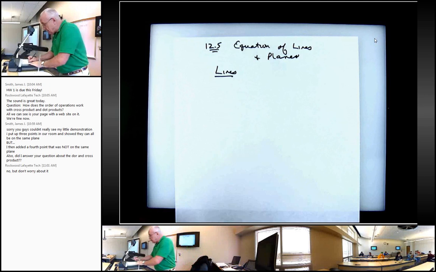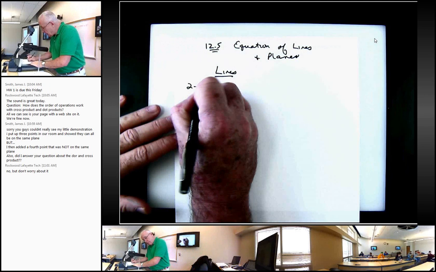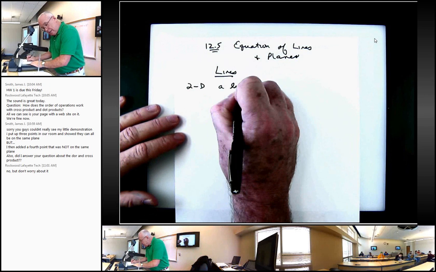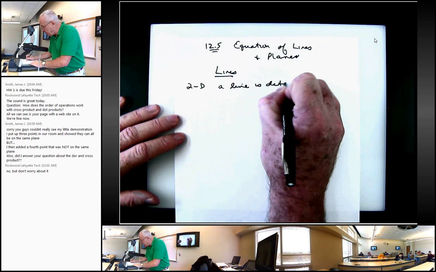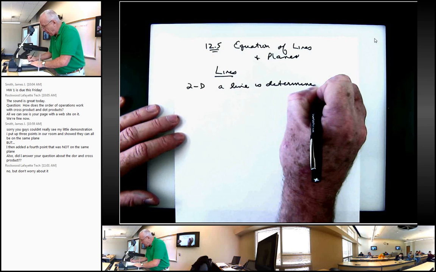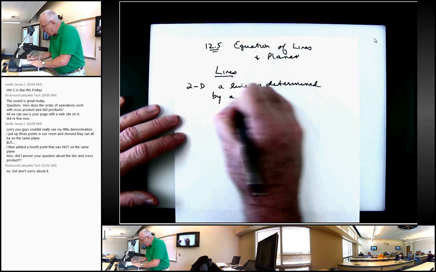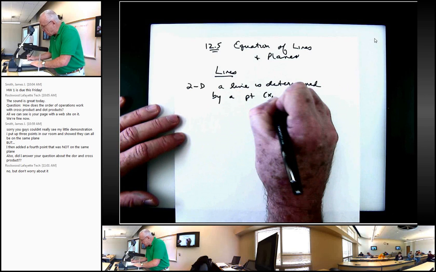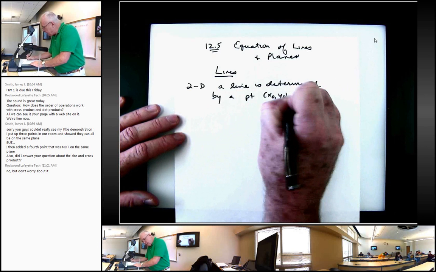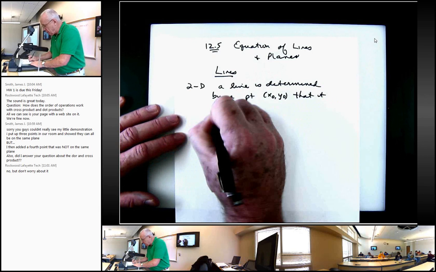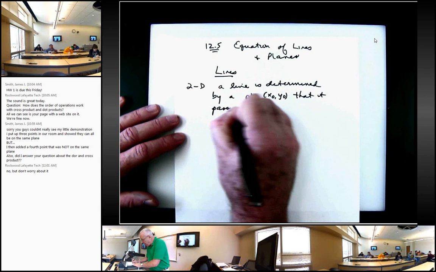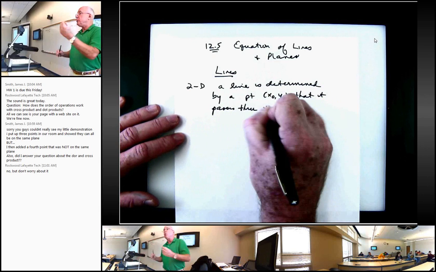So let's just say in two-dimensional, a straight line is determined by a point, let's call it x sub naught, y sub naught, that it passes through. And we need more than just a single point.